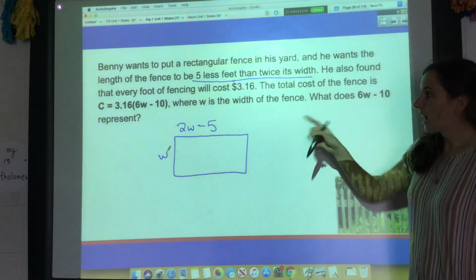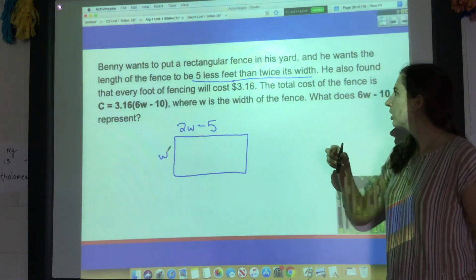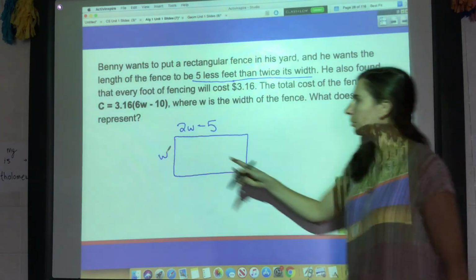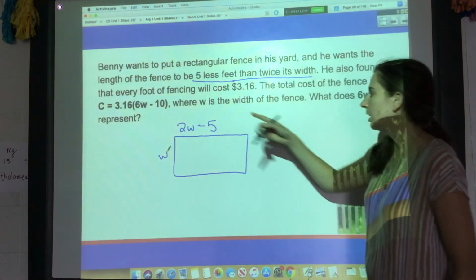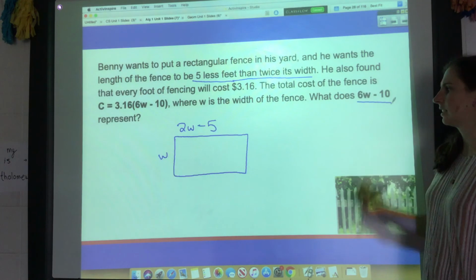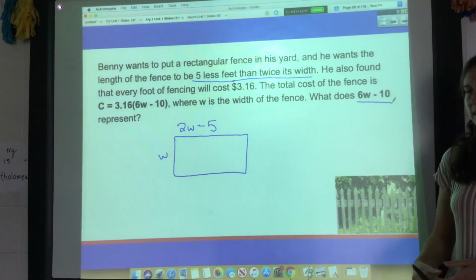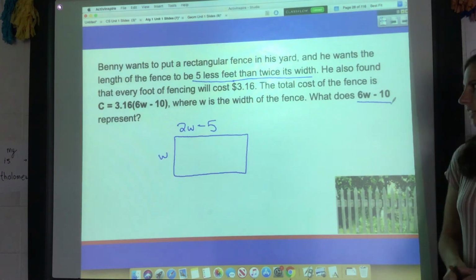He also found every foot of fencing will cost this much. The total cost of fence would be this, where W is the width of the fence. So what does this represent? Take a second and pause and see if you can figure out where that's coming from.